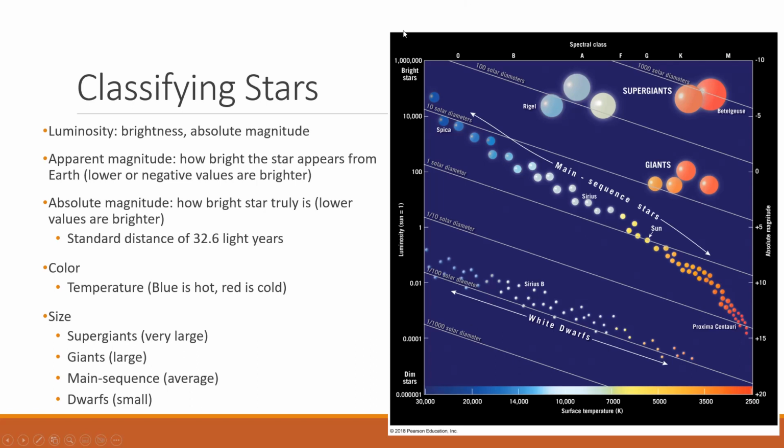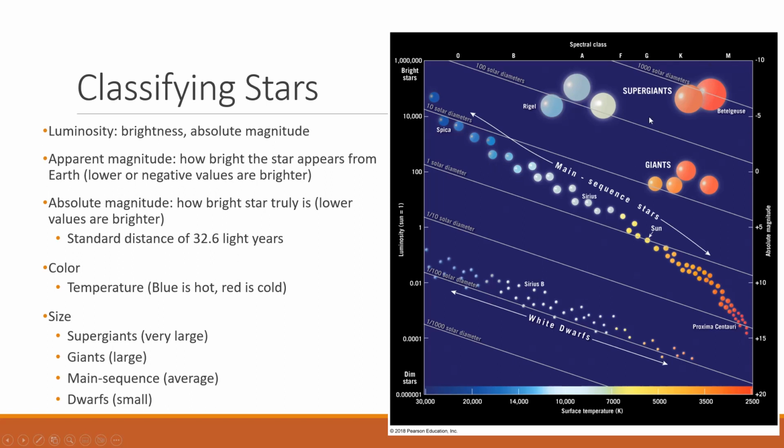Again, the color is going to indicate the temperature. So we're seeing very hot things versus very cold things. And when we're looking at these stars, we can determine where they're at in their life sequence. These main sequence stars are working their way through, kind of middle-aged.